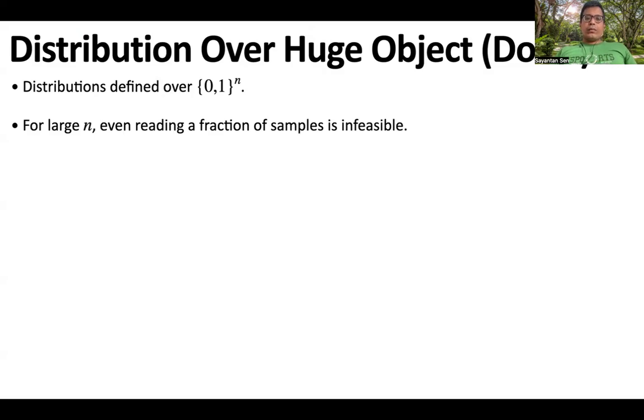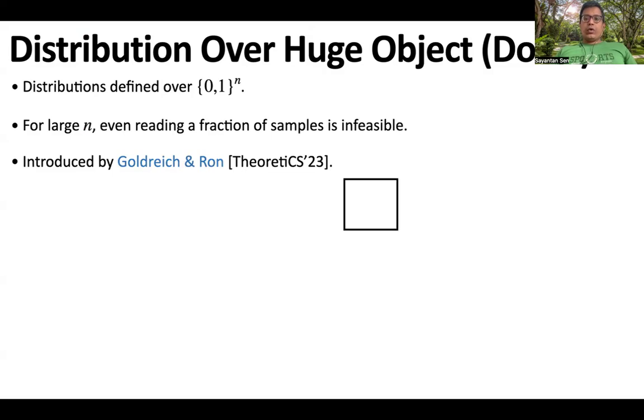In order to tackle this, Goldreich and Ron recently introduced the model of distributions over huge objects, or the huge object model, where, similar as before, we can obtain IID samples from the distribution. But additionally, now we have query oracle access to the samples.